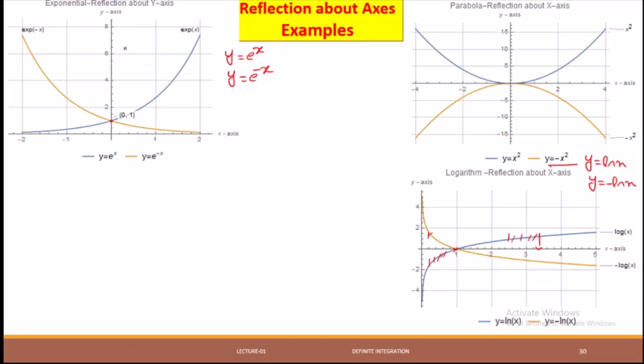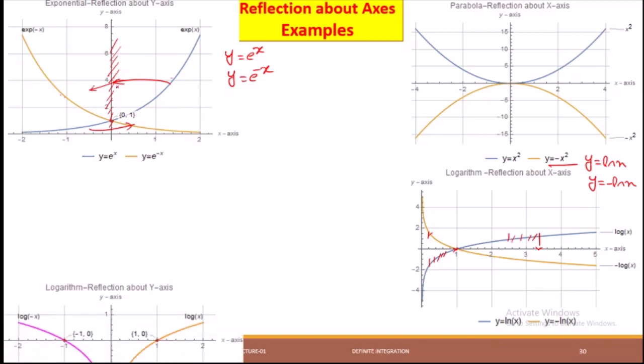It is clearly the reflection about the y-axis. Some part is in the first quadrant and some part is in the second quadrant. Upon reflection, it goes in the opposite direction. This part will come here and this part will go here, and you will be getting this graph.